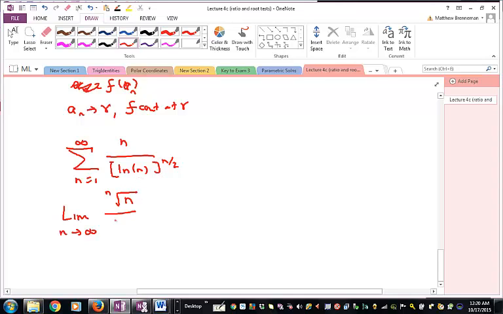And we take the nth root down here, this will just be the square root of ln of n. Okay. We know that the top converges to 1, and we know that the bottom converges to infinity. So this goes to 0, which is less than 1, which implies that this series converges.